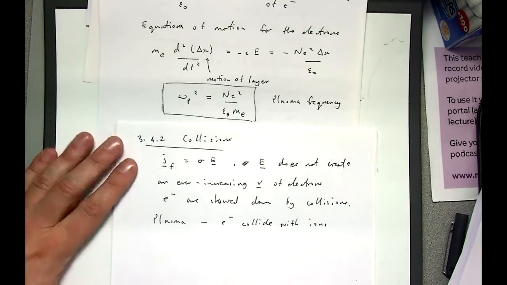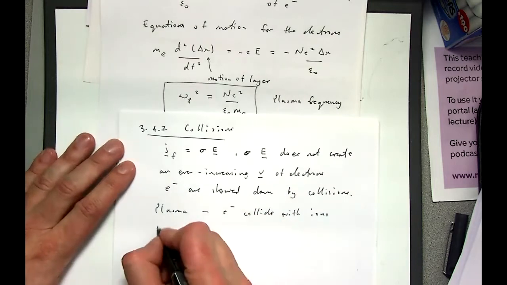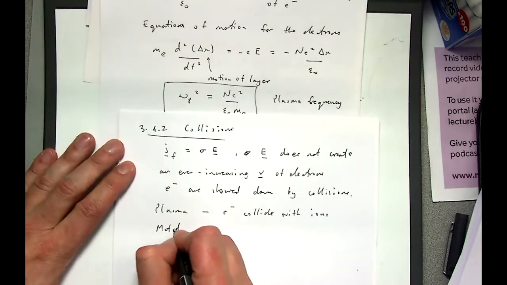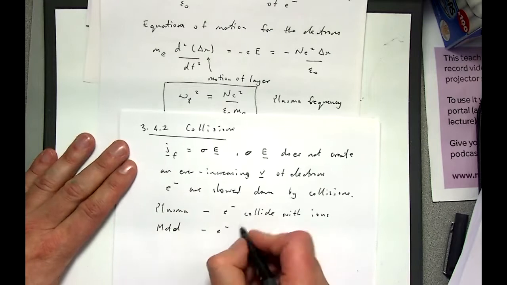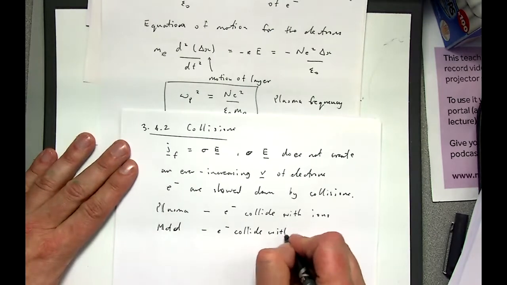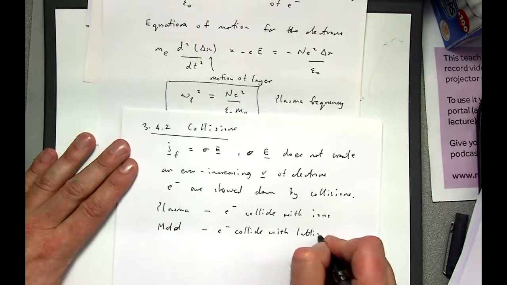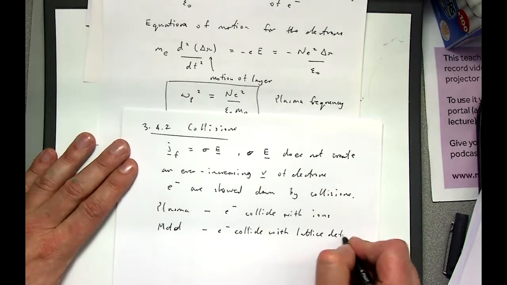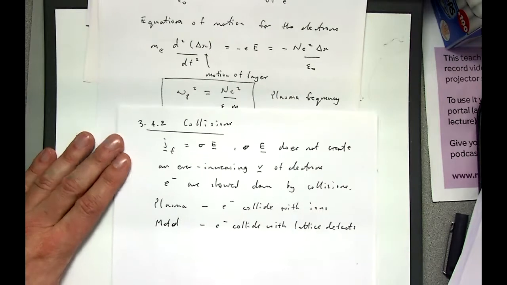So that's a scattering event. In a metal, it's a little bit different, but basically the collisions are with defects in the lattice of metal atoms.